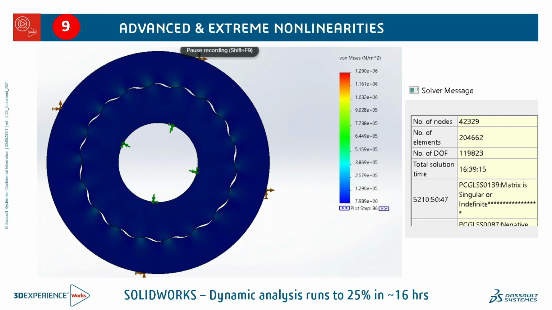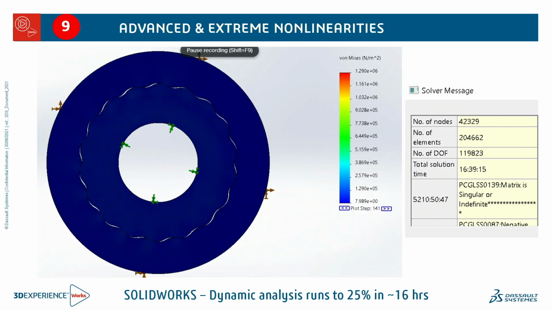And indeed, in SOLIDWORKS Simulation, we end up getting much further. We've got to 25%. You may also notice the time scale that we're looking at now is 16 hours. So we still have not got to the end, and we have spent a lot of time dealing with the numerics in the background and before we failed as well.